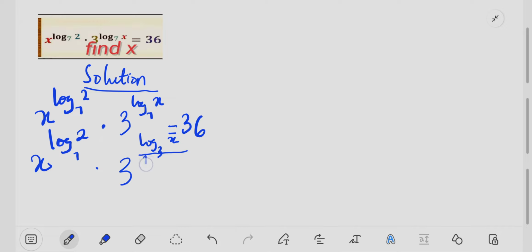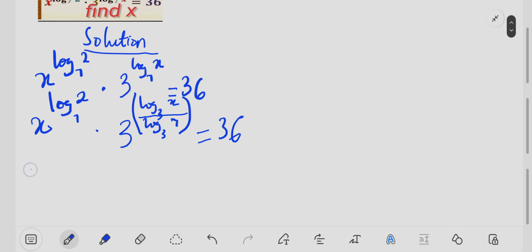Then we divide this by the same log to the base 3, but the number here becomes the initial base we had over here, which is 7. Okay, so it becomes 7. Then this will be equal to 36. So this whole thing is the new exponent.